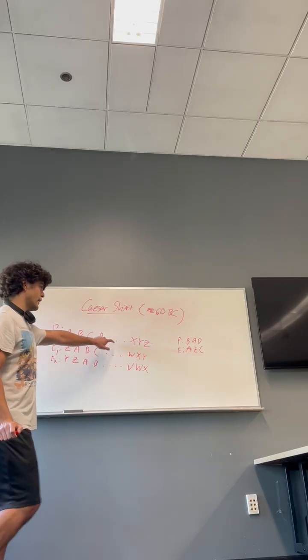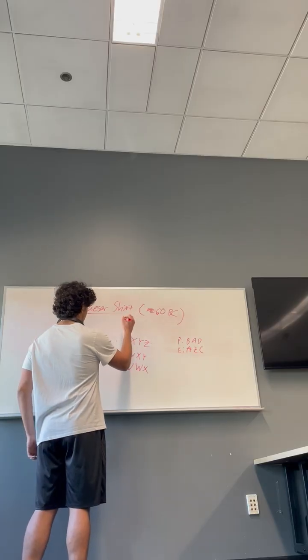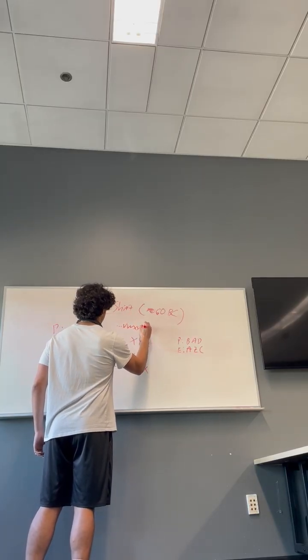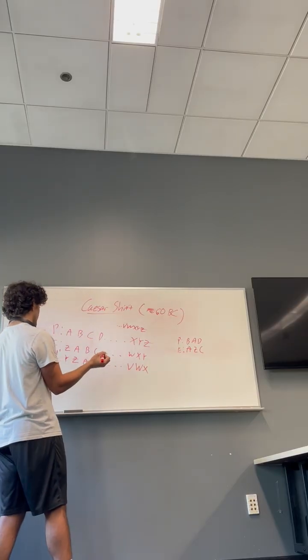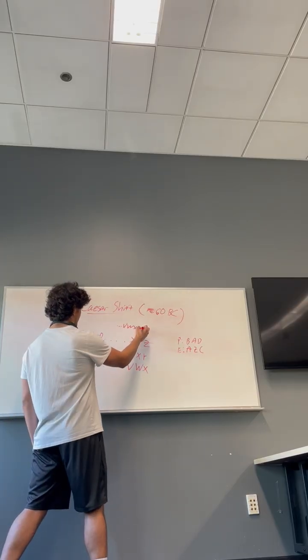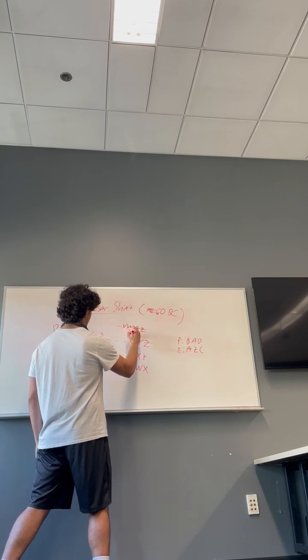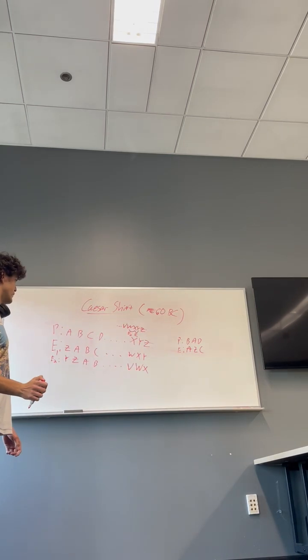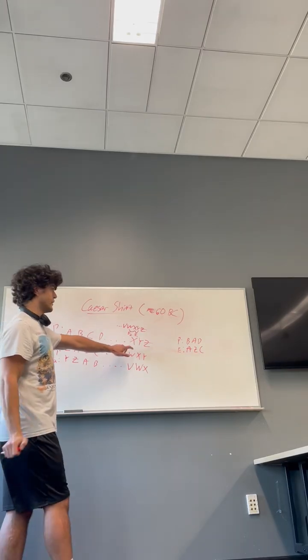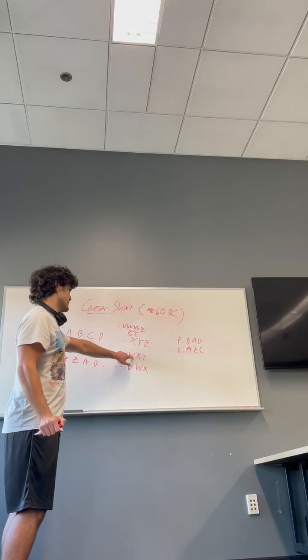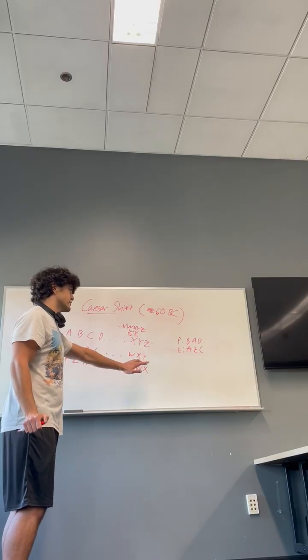If we have V, W, X, Y, Z, then looking just at Y, E1 is going to map it to X, E2 is mapped to W, and so on and so forth.